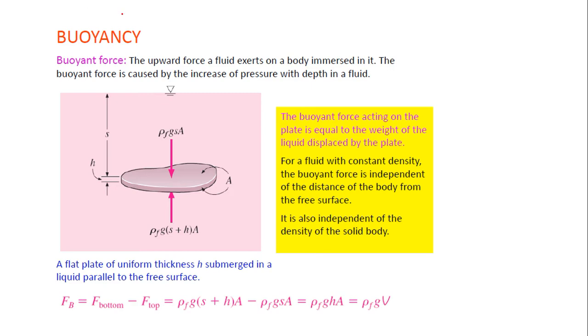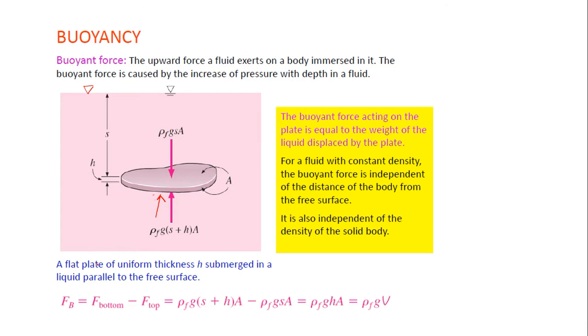So this is your FB, a line acting upwards. A flat plate of uniform thickness H is submerged in a liquid parallel to the free surface. So this is the surface of the water, and the plate is immersed in the fluid.